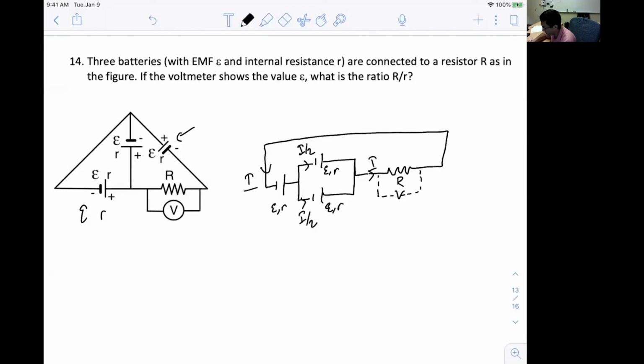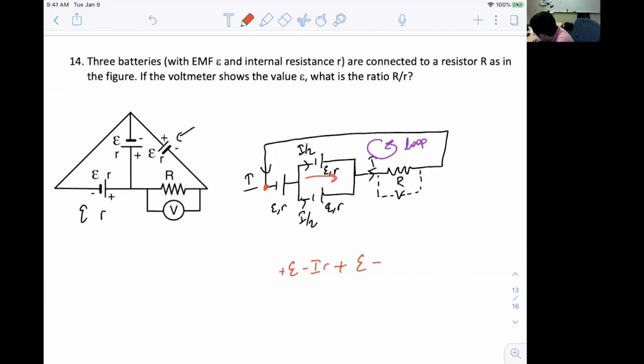So you can write this loop. It's a conservation of energy for the Kirchhoff's law. Let's say you start from here. You have plus epsilon and minus I times small r, because I'm going along the current, that's minus I times r. You can pick any way you want, it doesn't matter.